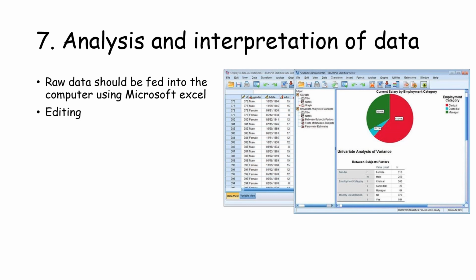The next step is coding. Here, the data is categorized into groups based on its features. Once the coding is done, the data is classified into different groups based on their similarities and dissimilarities. Finally, tabulation. It is summarizing the data in rows and columns.